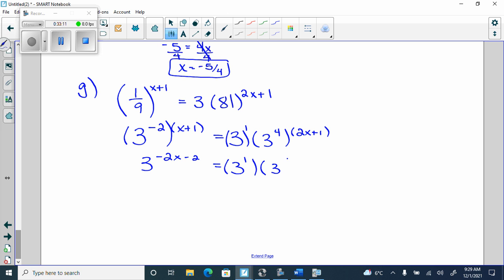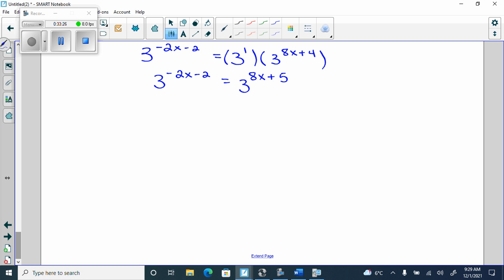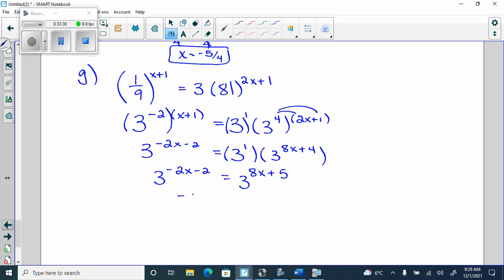times 3 to the 8x plus 4. Remember to distribute. And then we get 3 to the negative 2x minus 2 equals 3 to the 8x plus 5. And then we get negative 2x minus 2 equals 8x plus 5.